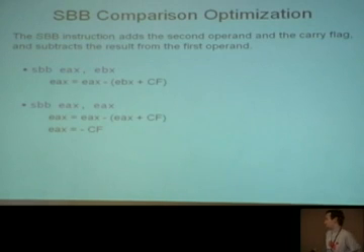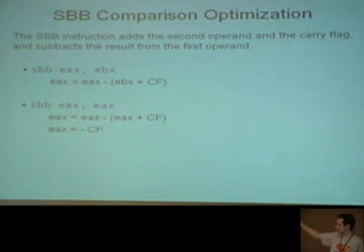The next optimization, which is actually fairly common, is a comparison optimization using the SBB instruction. This instruction normally counts its second operand in the carry flag, and then subtracts it from the first. So if you have SBB with EAX and EBX as arguments, then the result is EAX minus EBX minus the carry flag.